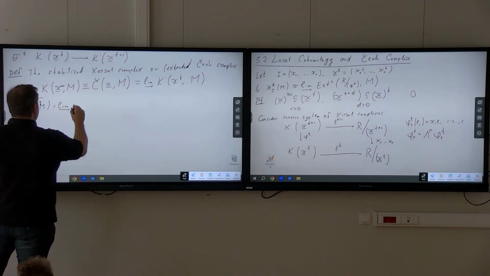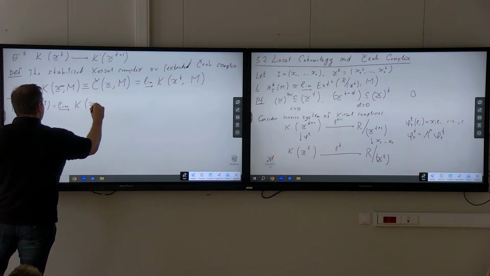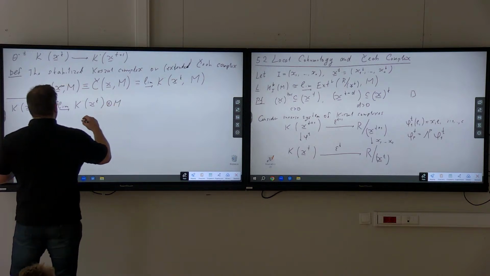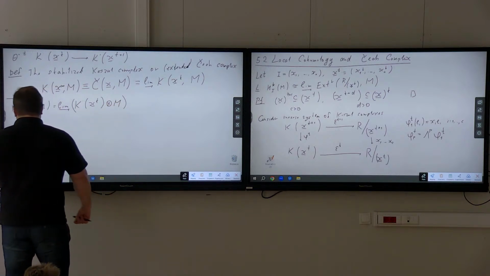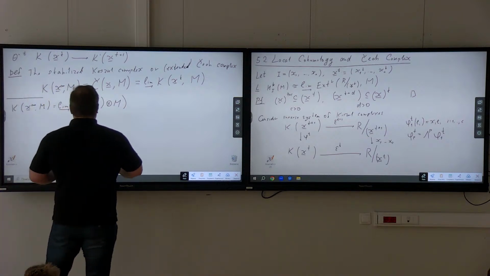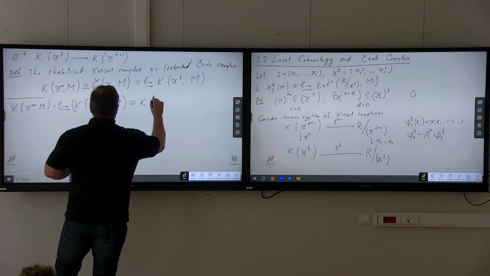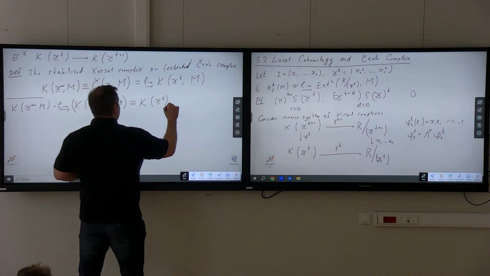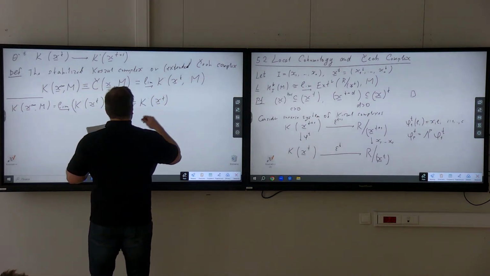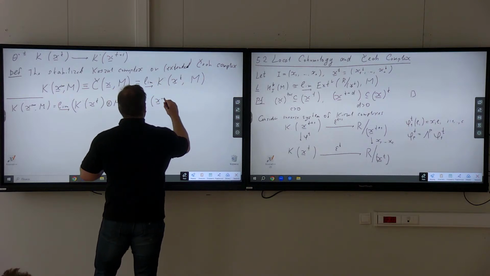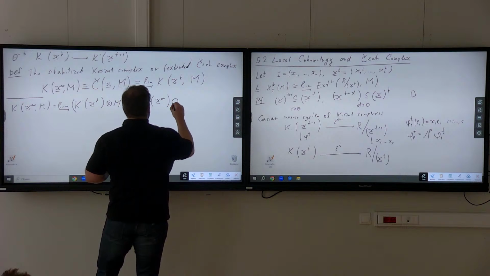For the homological Koszul complex with coefficients in the module M, I know that I can write this as just the tensor product with the module M. And I know that the direct limit commutes with taking tensor products, so I can identify this with the K. This is not t, this is infinity.